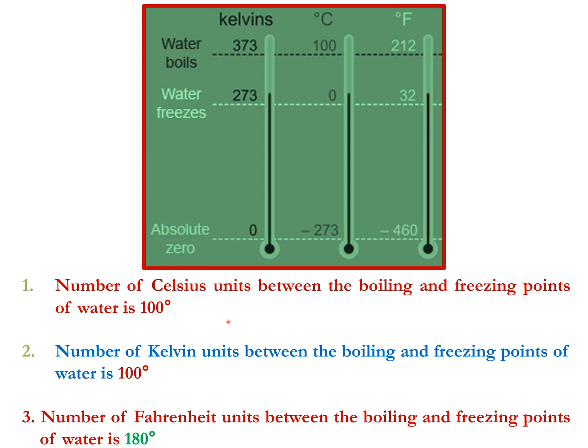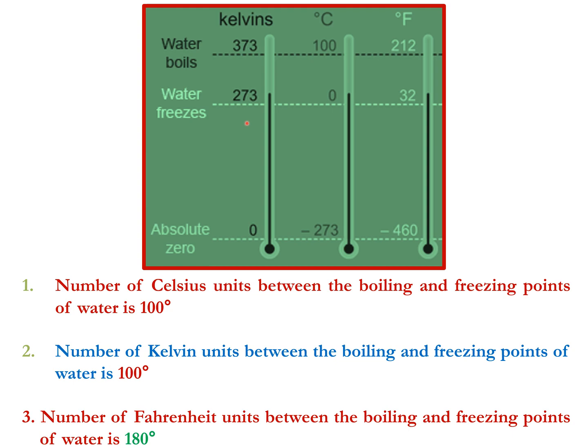So the number of Celsius units between the boiling and freezing points of water is 100. As you can see, the difference between 100 and 0 is 100. And also, the number of Kelvin units between the boiling and freezing points of water is also 100, because 373 minus 273 is equal to 100.